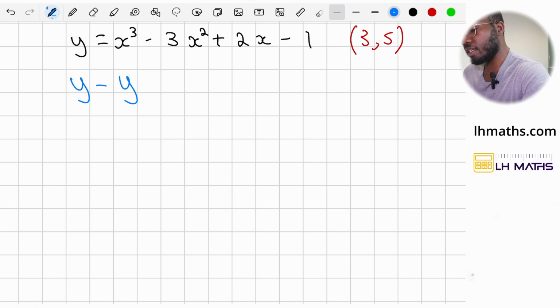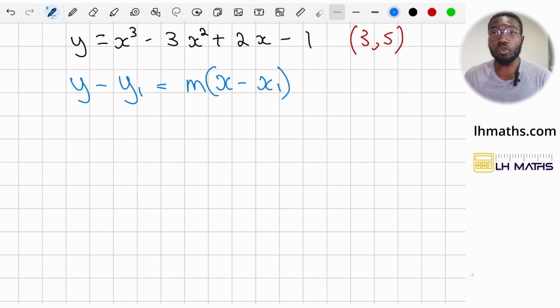You would probably have learned this at GCSE: y minus y1 is equal to m times (x minus x1). You may have seen this in different variations, but essentially this is the equation.